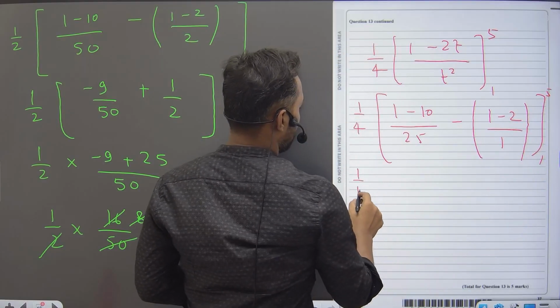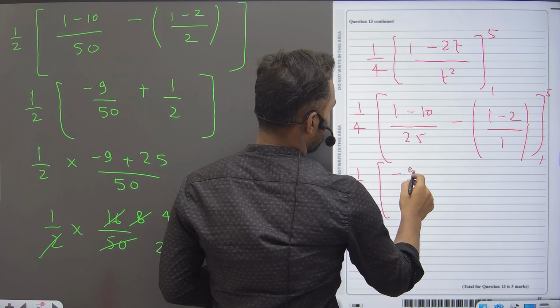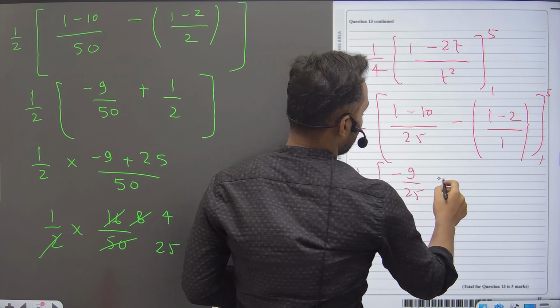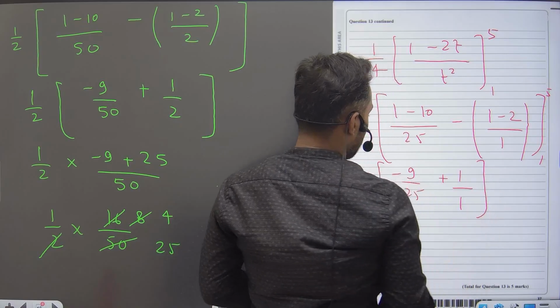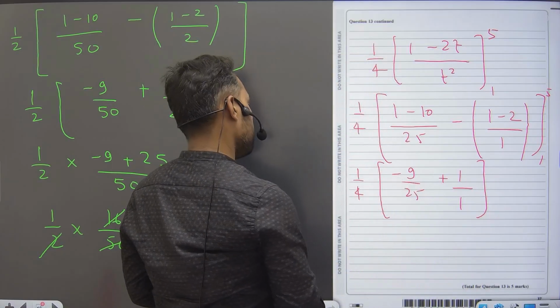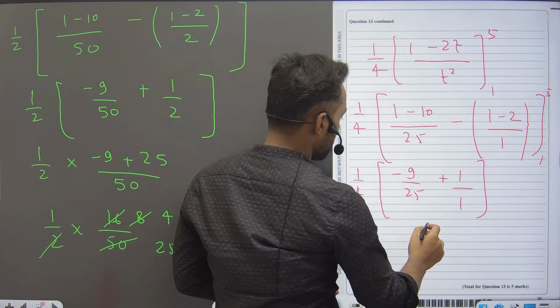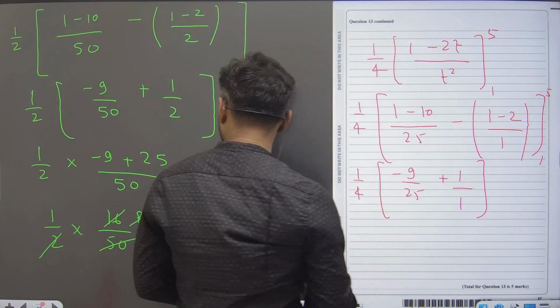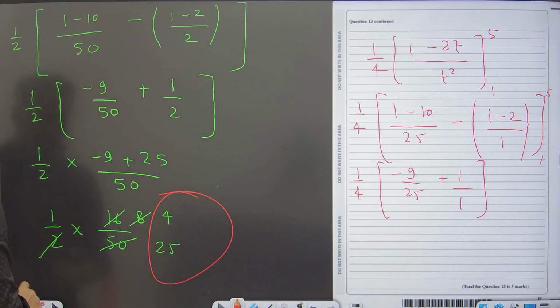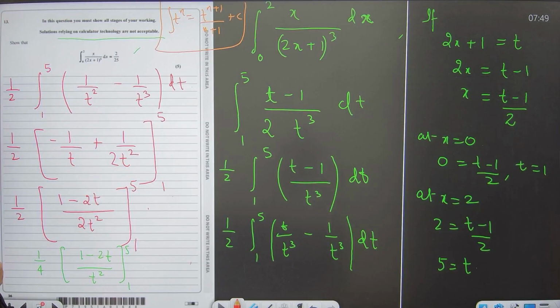So we can see, negative of 9 by 25, we are getting 4 by 25, students. Just comment in the box where I have made the mistake.